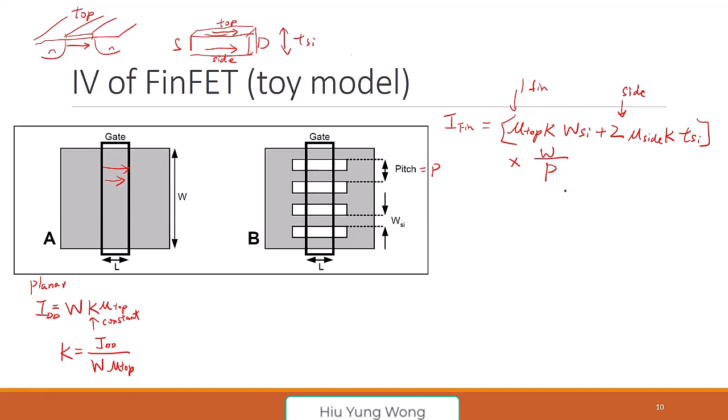And now I can do some simplification, because I already found out what K is, right?